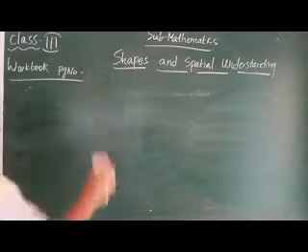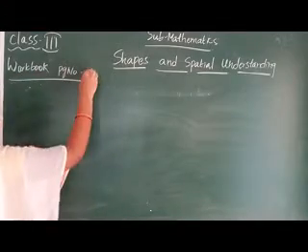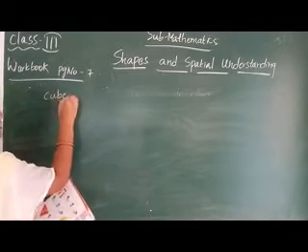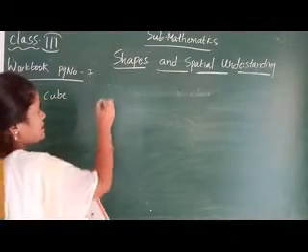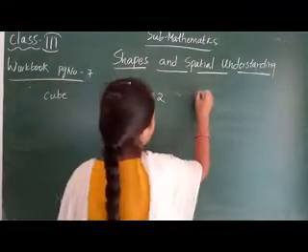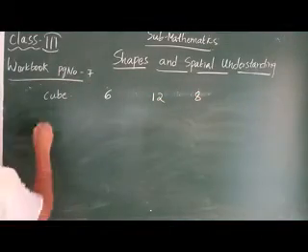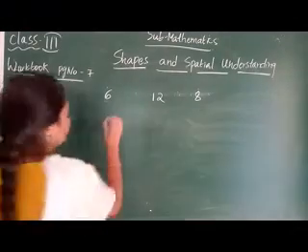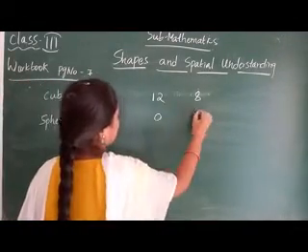Page number 7. First one, cube. In the first box, number of faces, 6 faces, 12 edges, 8 corners. Next one, sphere. Laddu is a sphere. 0 faces, 0 corners, 0 edges.